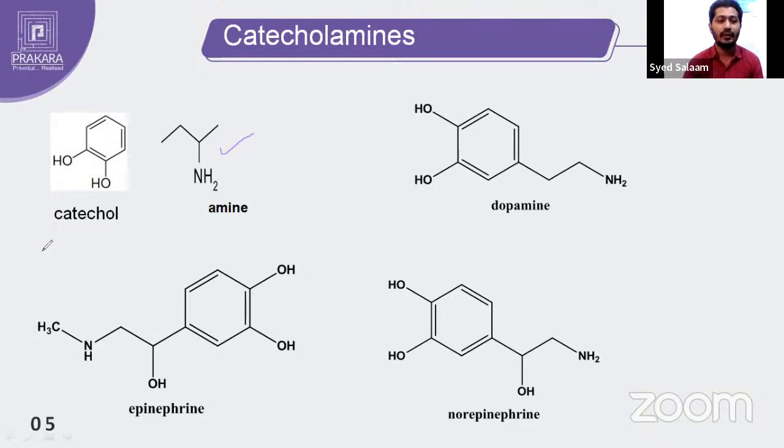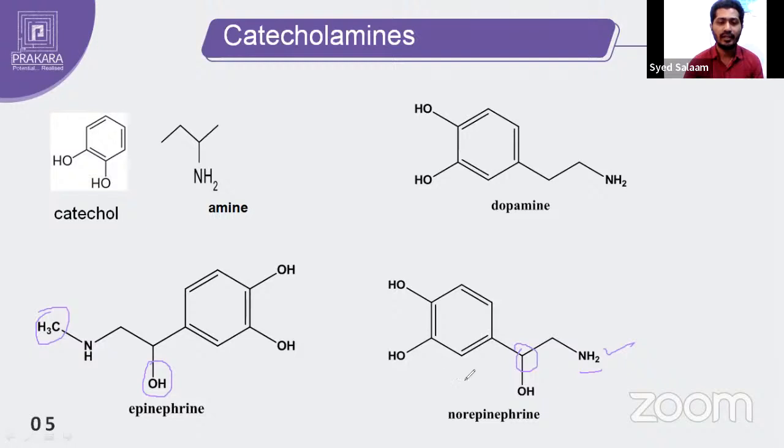Here we have seen a few examples in the structures, like dopamine having an ethanamine chain attached to the catechol ring. Similarly, epinephrine has a methyl attached to the amino group and a hydroxyl group on the beta carbon. Norepinephrine won't have the methyl, just the amine, as well as the beta hydroxyl group.